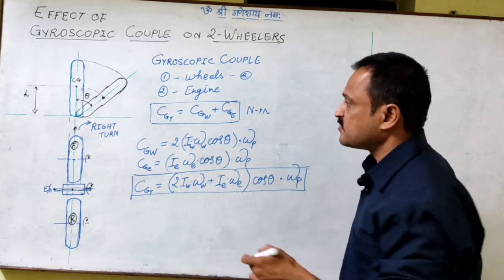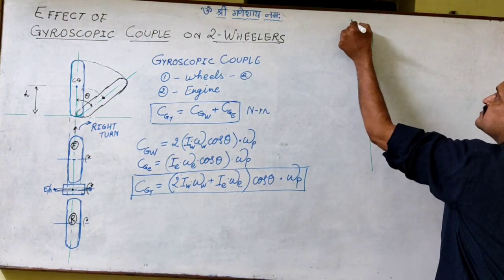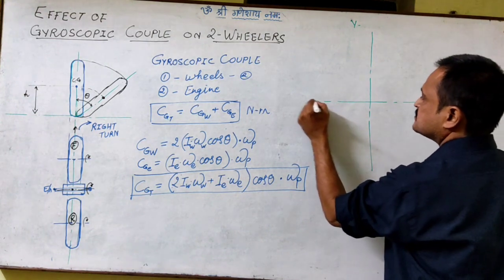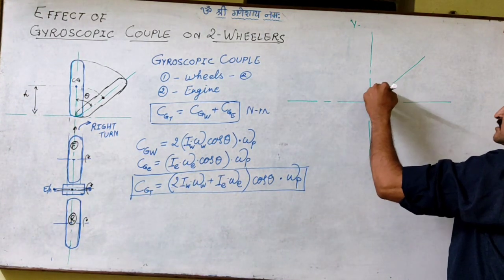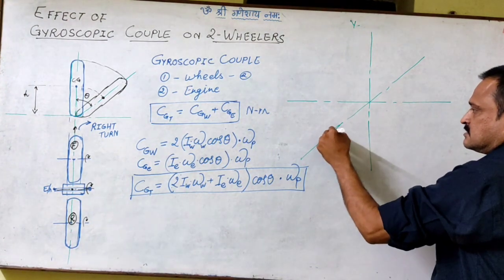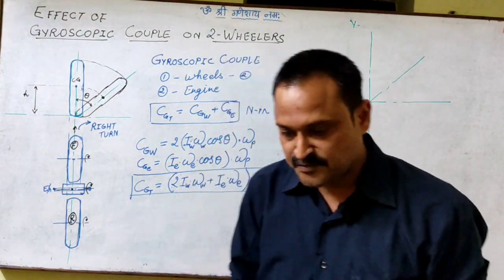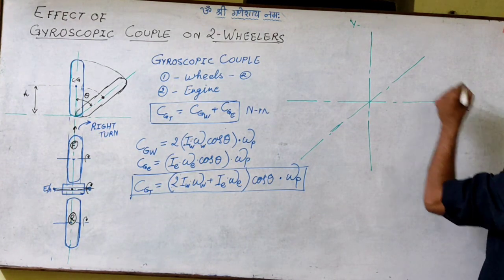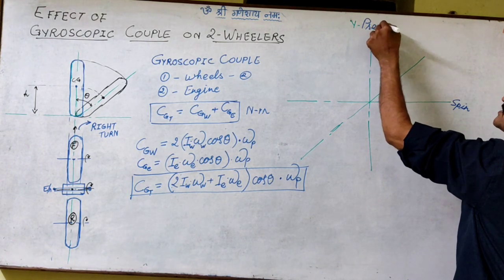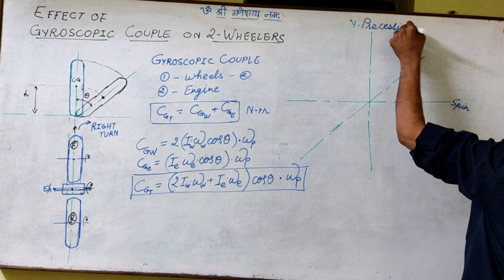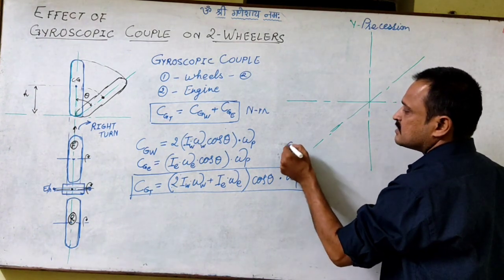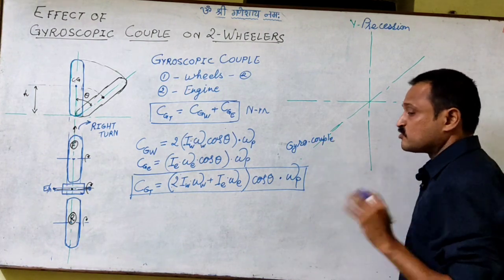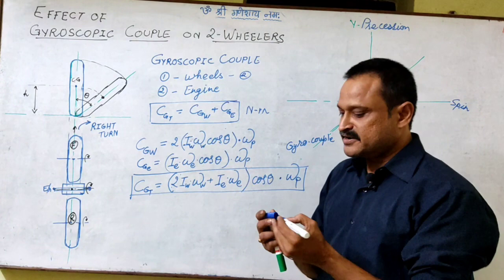Looking from the top, the y-axis is the precession axis, the x-axis is the spin axis, and the z-axis is the couple axis. So x is the spin, y is precession, and z is the gyro couple. Active and reactive will decide them.